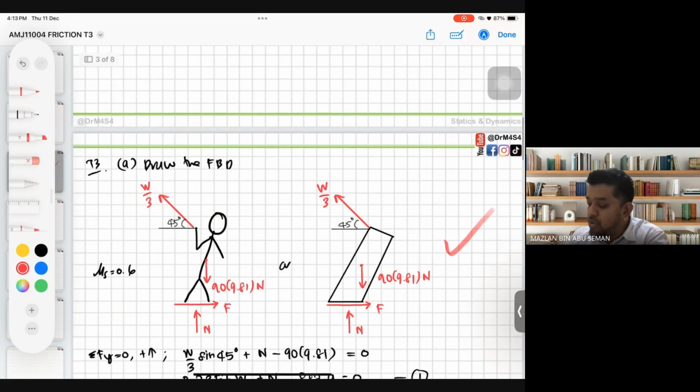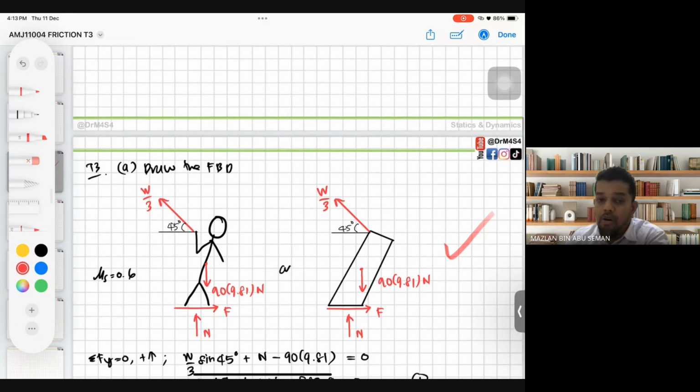Next, what we have to do, take the summation of Fy equal to 0, positive upward. Then our W3, we have to resolve into vertical and horizontal.